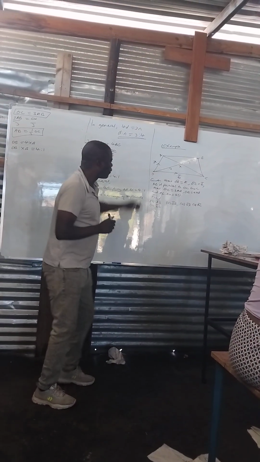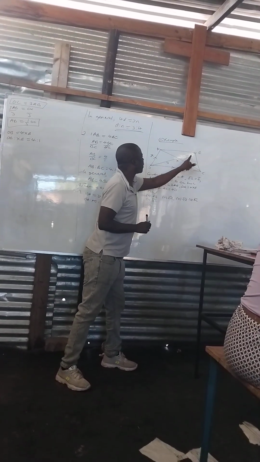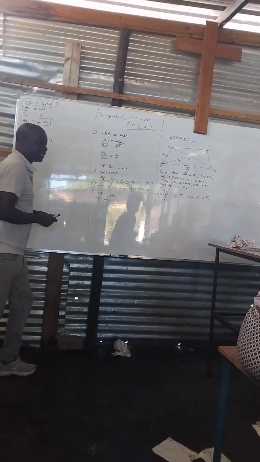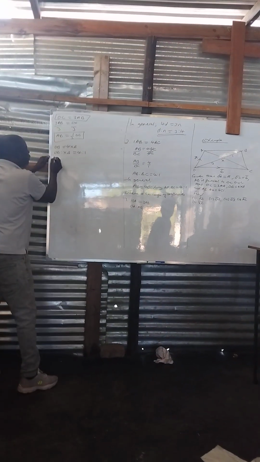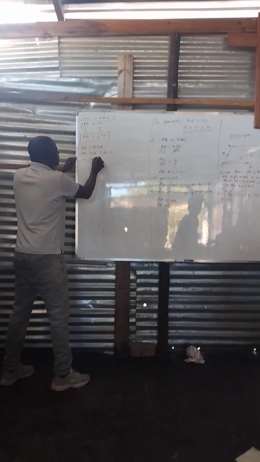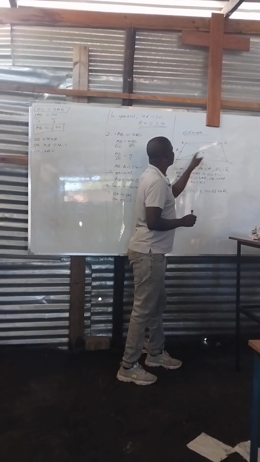From O to B, 4 parts. Then XB being the 1 part, OX is 3 parts. Now we can come up with the new ratio. OX to XB is 3 to 1.